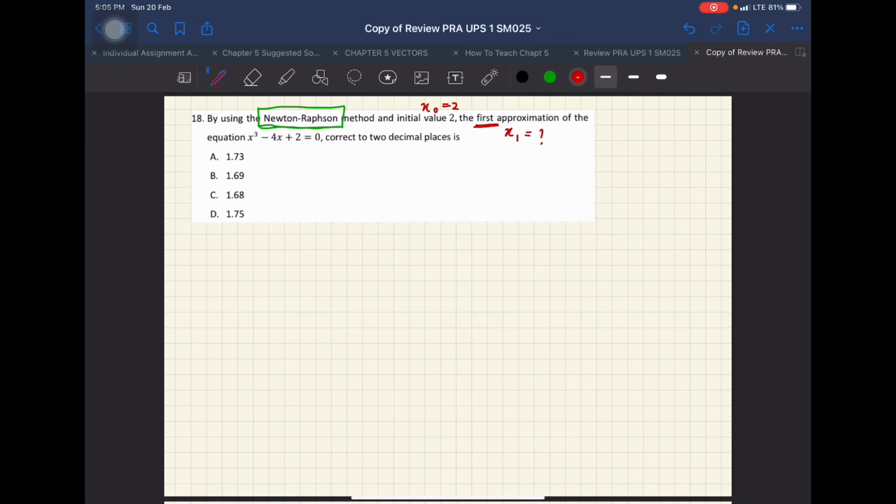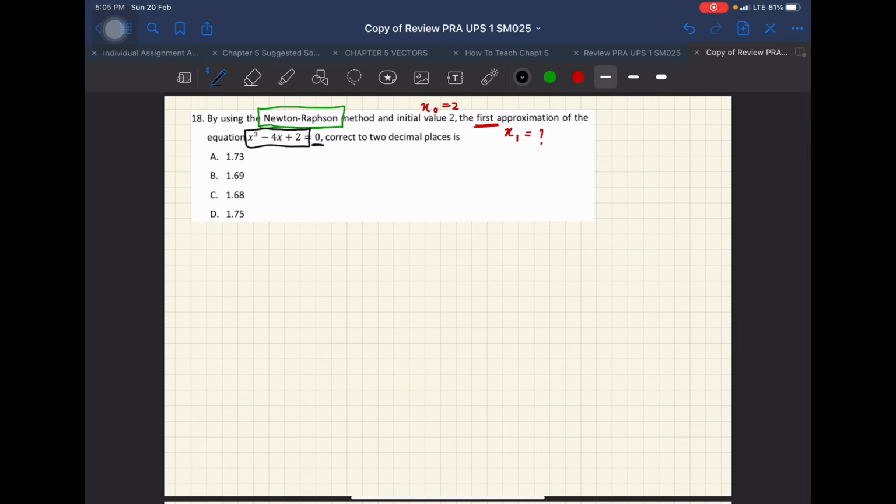Okay, so what are the important things that you need to have in Newton-Raphson method? So the first one is you need to have the initial value, this one, x0, right? And then secondly, awak mesti ada f prime dan juga fx awak. Okay, so this is your fx.